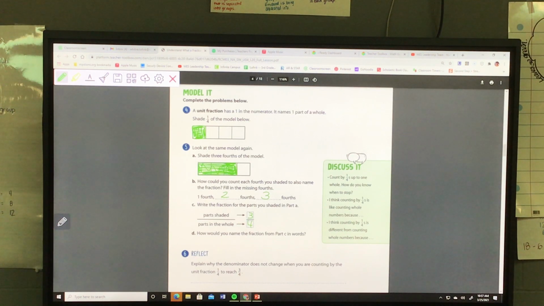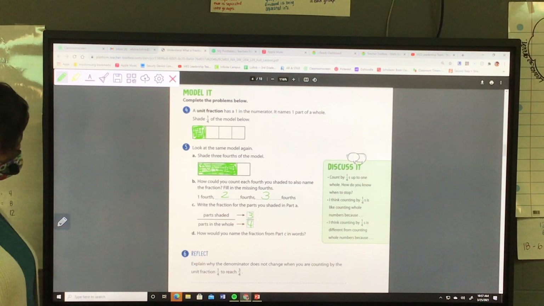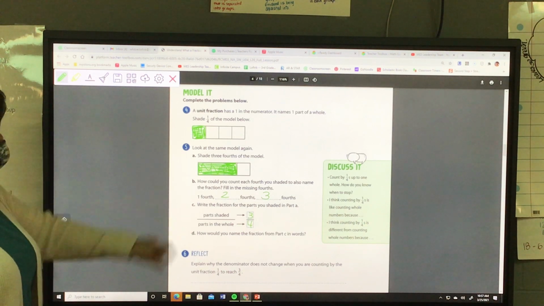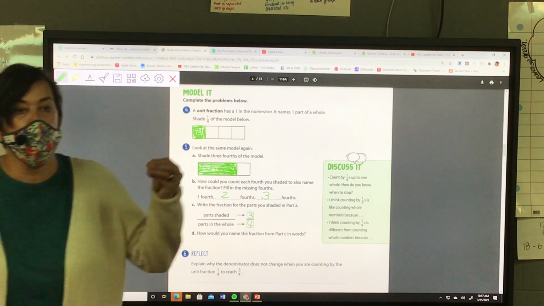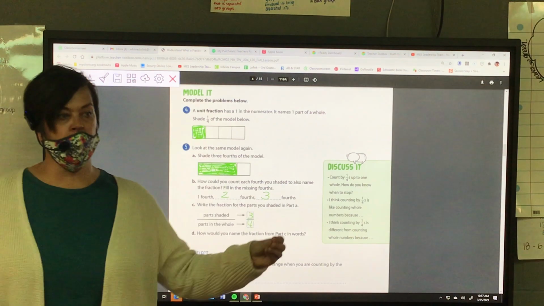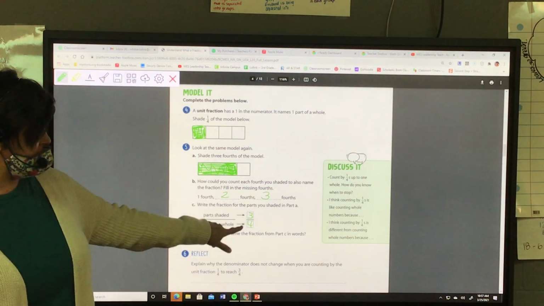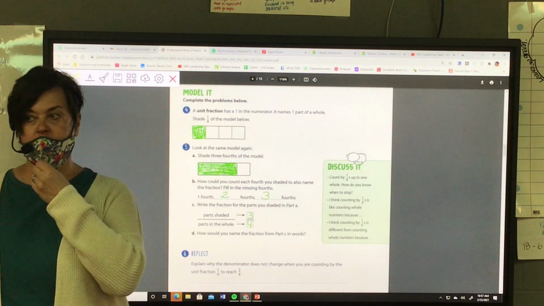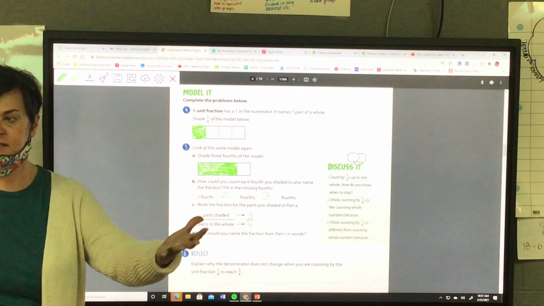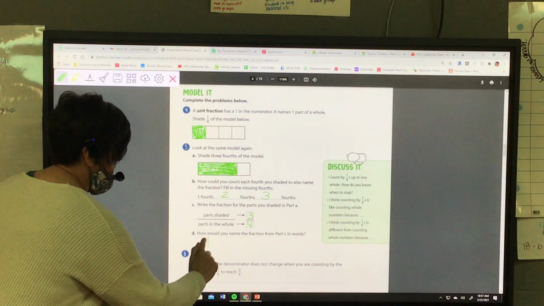Okay, so now, look at part D. How would you name the fraction from part C in words? We have to write it in word form. How would we write this fraction in word form? What is this up here? 3. Let's write that.